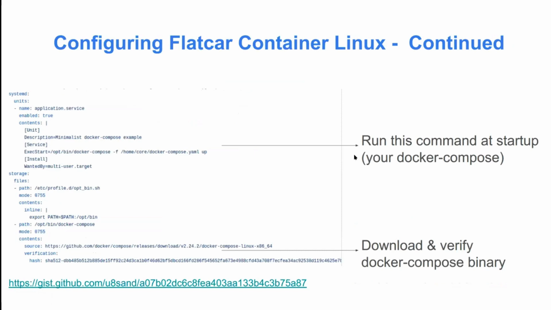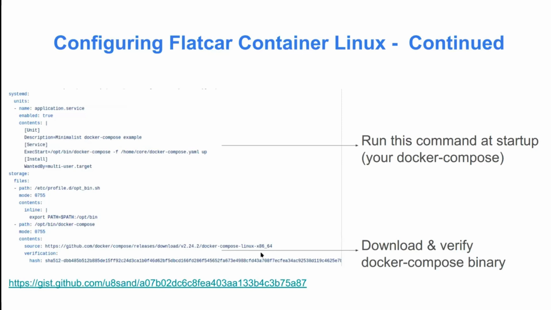So just a little more to show you how this configuration is working. There's this section that basically runs the Docker Compose command with the Docker Compose you specified and just puts it up. All right, that's how it's working. Very simple. And then how does it have Docker Compose?